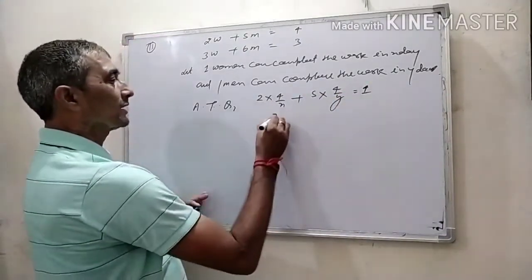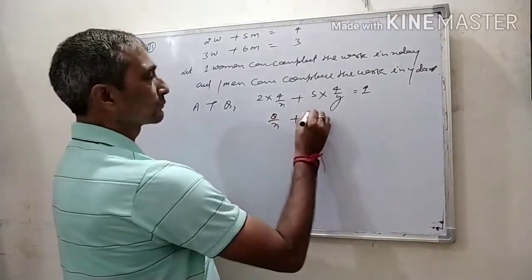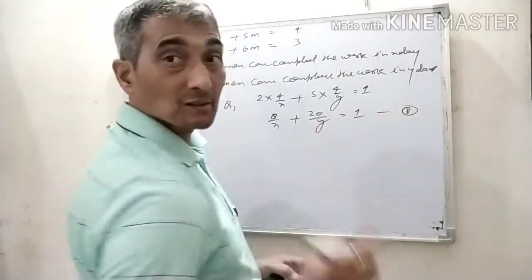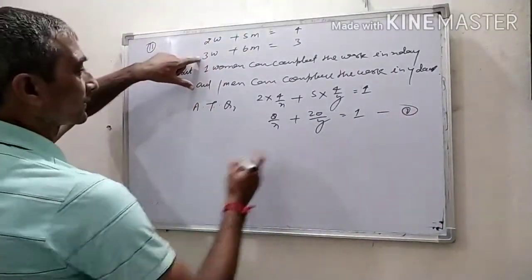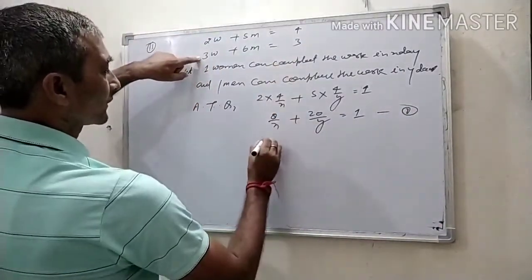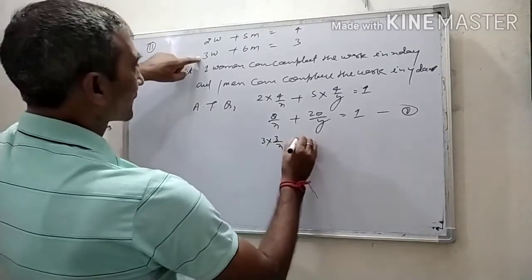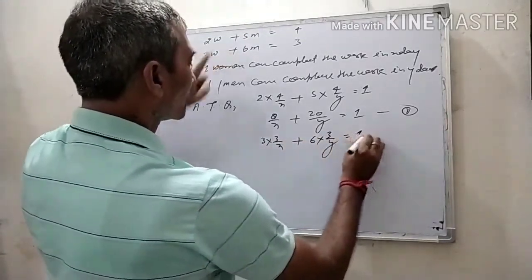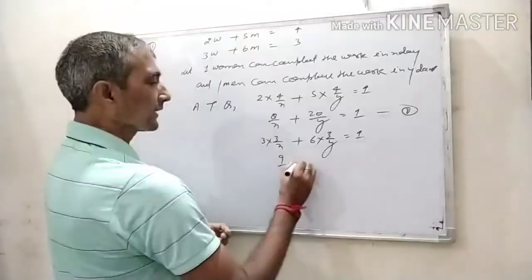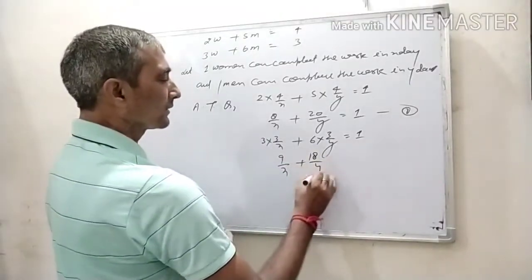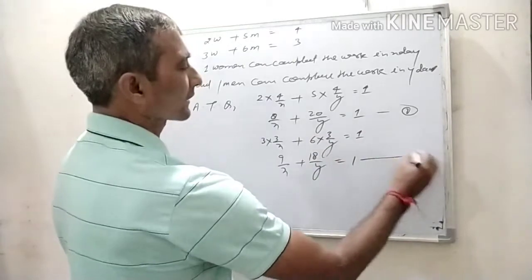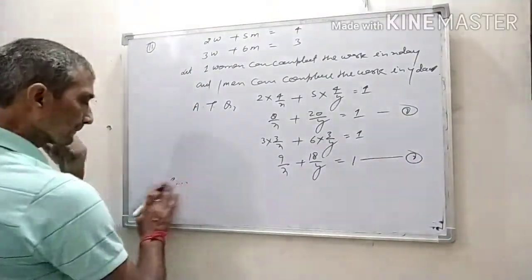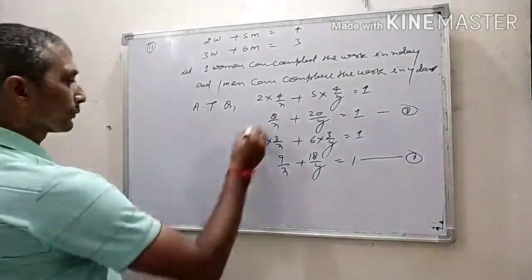You can say that 8 by x plus 20 by y equal to 1. This is the first equation. Similarly, according to second, 3 into 3 by x plus 6 into 3 by y equal to 1. Now 9 by x plus 18 by y equal to 1. Second equation. Now we are going to solve it.